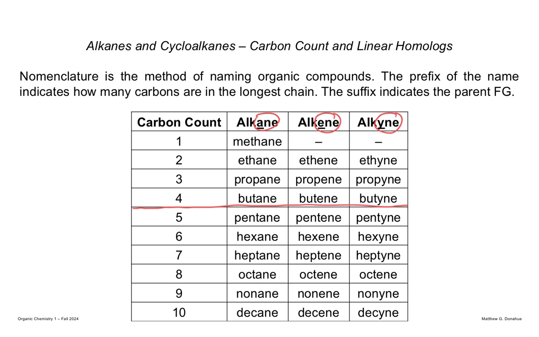If you're removing hydrogen to go to the alkene, then you just change that A to an E, or for the alkyne, it's a Y. And so the basis for nomenclature is that you find the longest carbon chain, and that's what's called the parent. And the parent is based off one of these names.